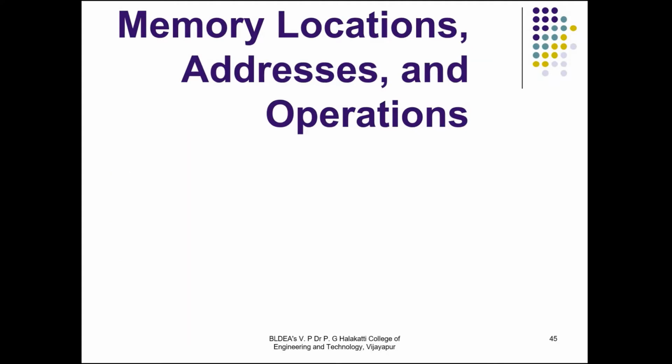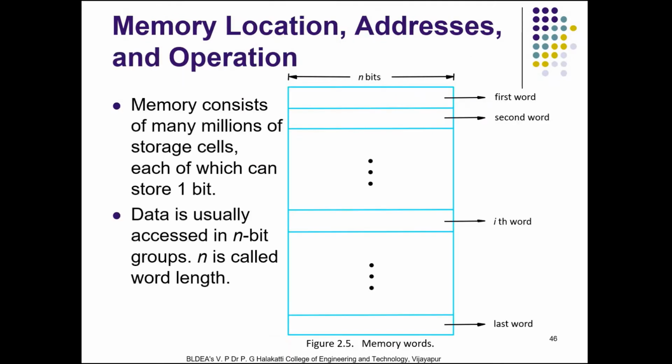So first we shall learn about memory locations, addresses and operations. As we have already studied in the previous class, memory consists of many millions of storage cells, each of which can store 1 bit.